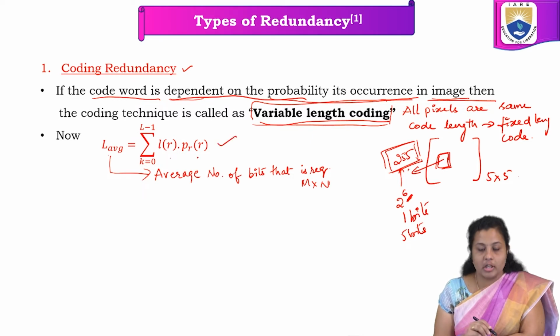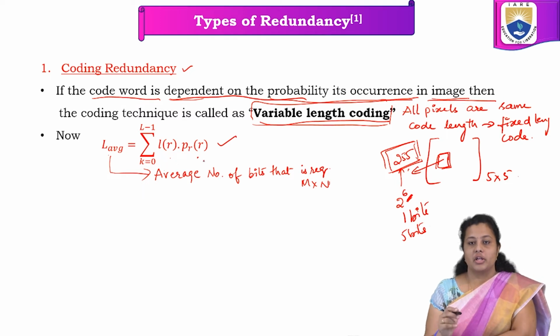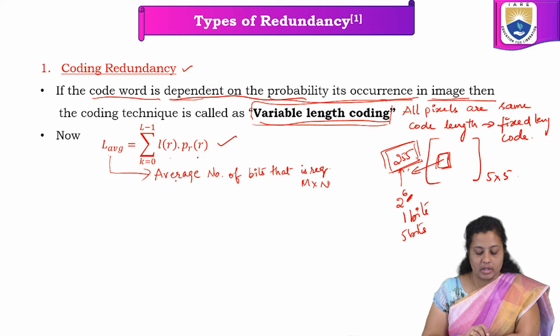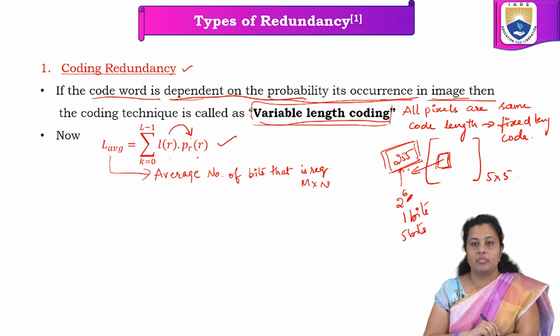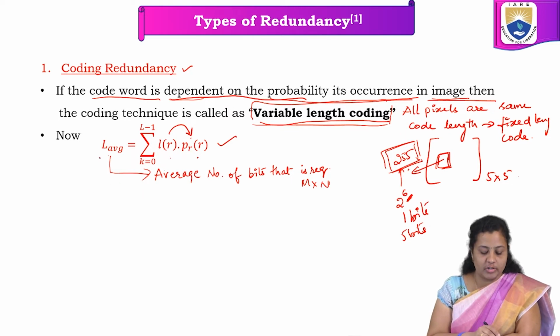So this is another important equation that we have to remember. L average is equal to sigma of k equal to 0 to capital N minus 1, L of r into probability. Here, if we observe, the number of bits required to represent the code is dependent upon the probability, which in turn will change our L average.